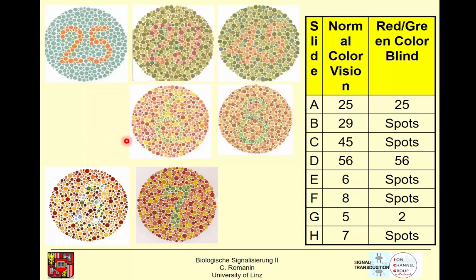This is not visible here, but this should be 6 and 8. Also for those who suffer from red-green color blindness, they will see only spots. 5 should be distinguishable, but as long as you involve a green and a red, you also should only see spots.